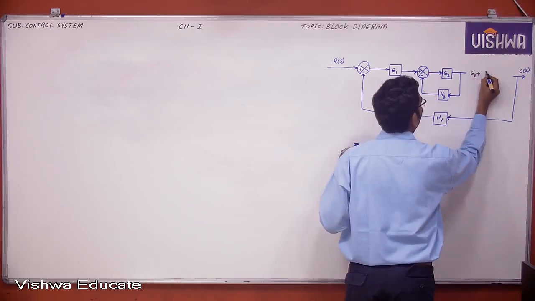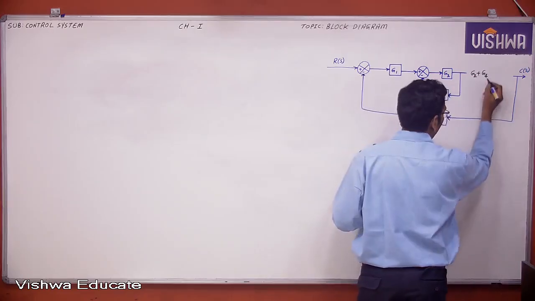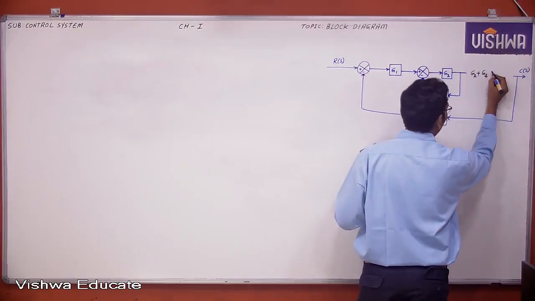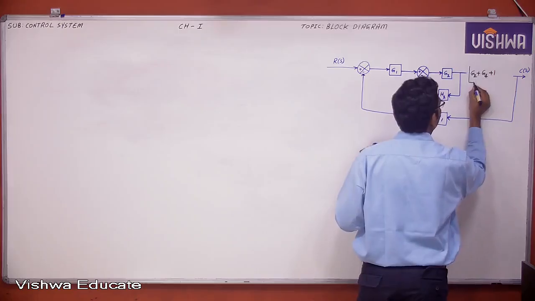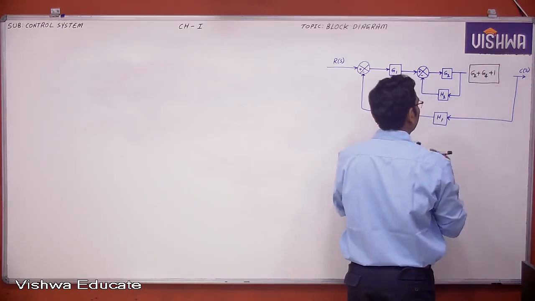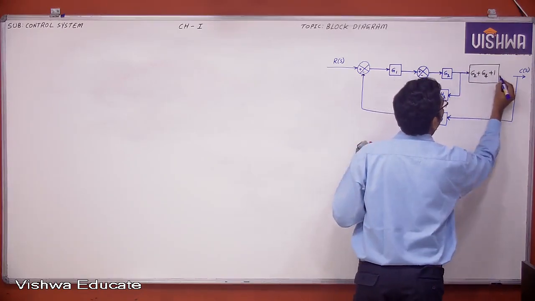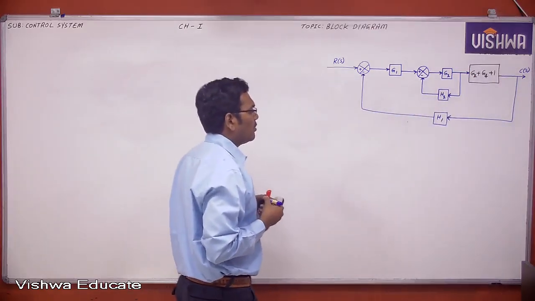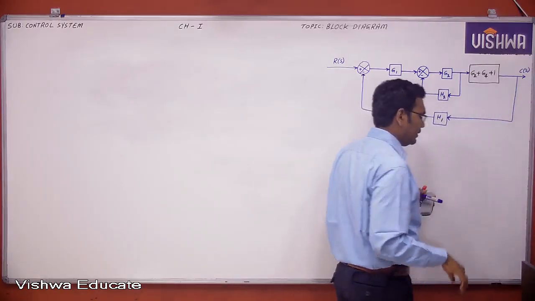G2 plus G4 plus 1. When blocks are connected in parallel, now this is the overall block gain. Okay, G2 plus G4 plus 1, because all are connected in parallel.